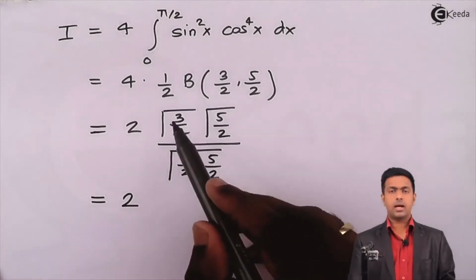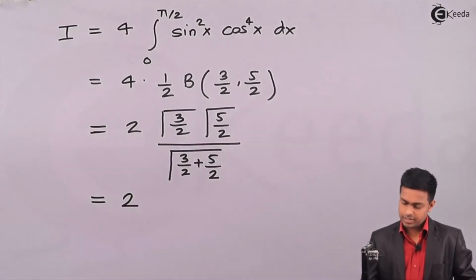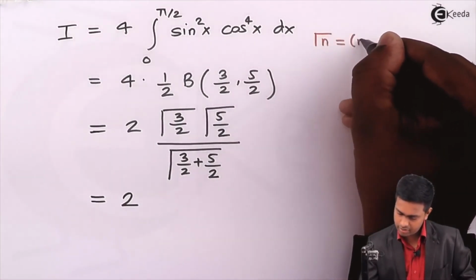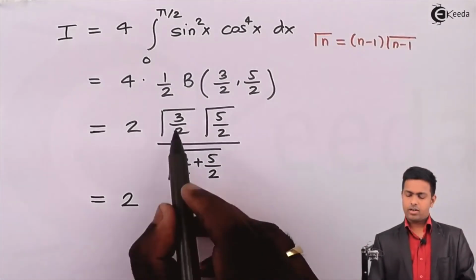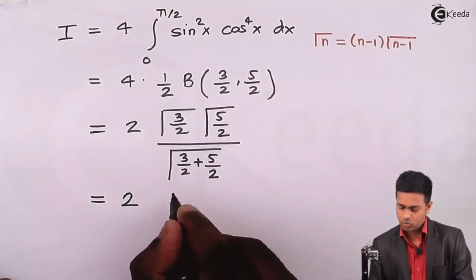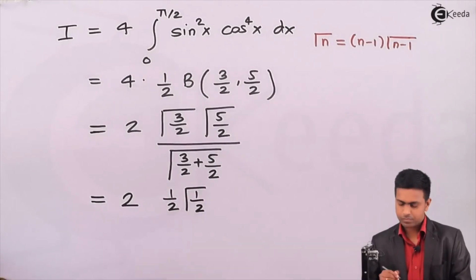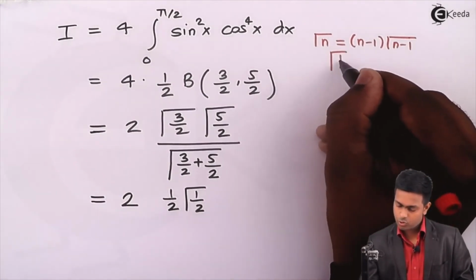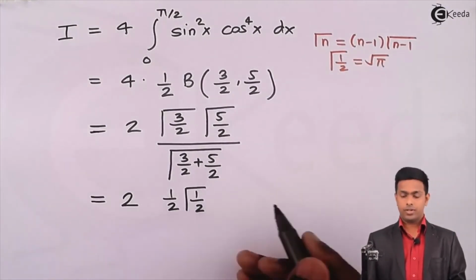To solve gamma 3 upon 2, we'll use the property which is gamma n is equal to n minus 1 gamma n minus 1. So here 3 upon 2 is my n. So 3 upon 2 minus 1, that is 1 upon 2 gamma 1 upon 2. And the value of this gamma 1 upon 2, we know it is root pi. So we will stop here, will not go further.